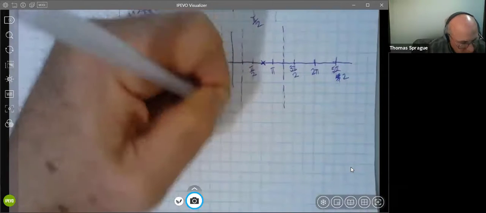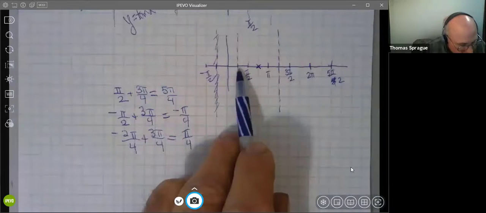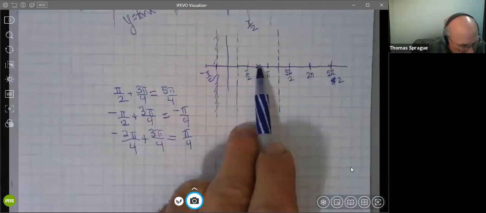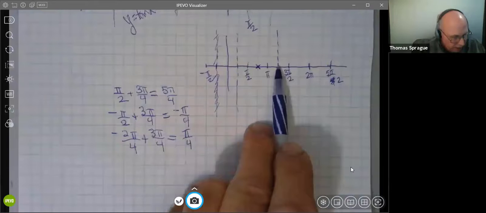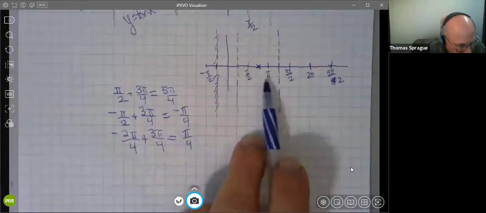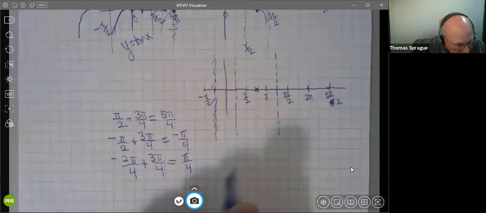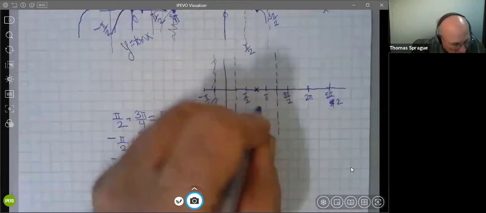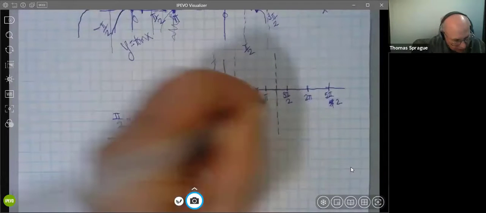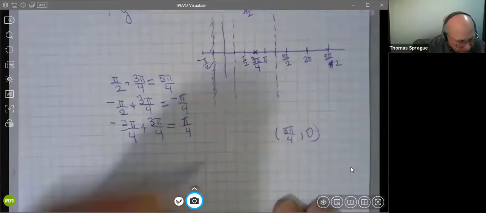This is inaccurate. Okay, so now let me check. 1, 2, 1, 2, 3, 4. And these are in units of pi over 4. So that gives me a period of pi, which is correct. All right, now, right here at 3 pi over 4 is my intercept.